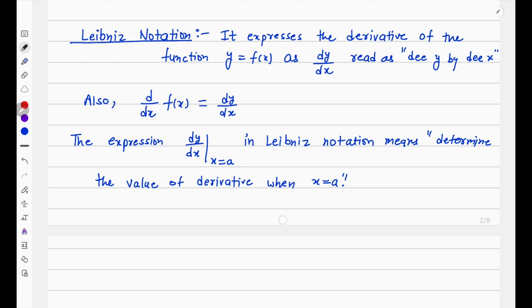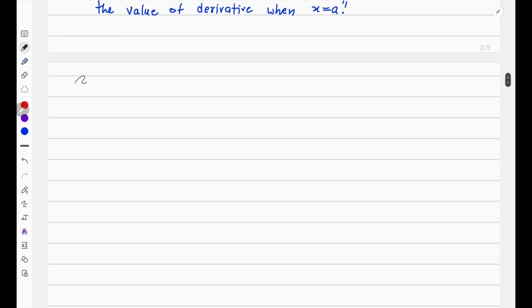Now we are taking one more example. The given function is y equal to 1 over x and calculate dy over dx. So this is the Leibniz notation we are using here.